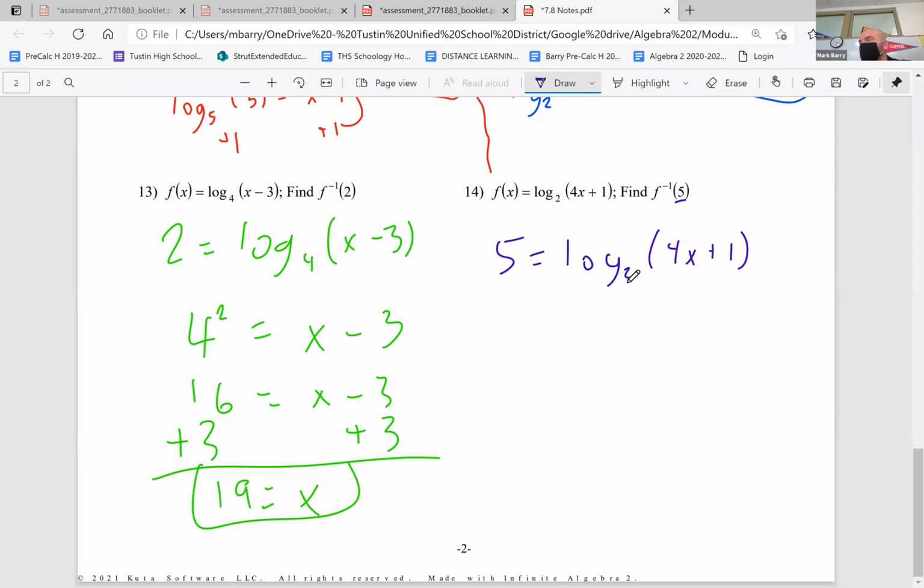Okay, our variable is in the log, so we have to switch it to exponential form. So the base of the exponent comes from the base of the log, so that's going to be 2. It wants a new partner. It doesn't want to be with 4x plus 1 anymore, so it's going to get with 5 now. And 4x plus 1 is over there by itself.